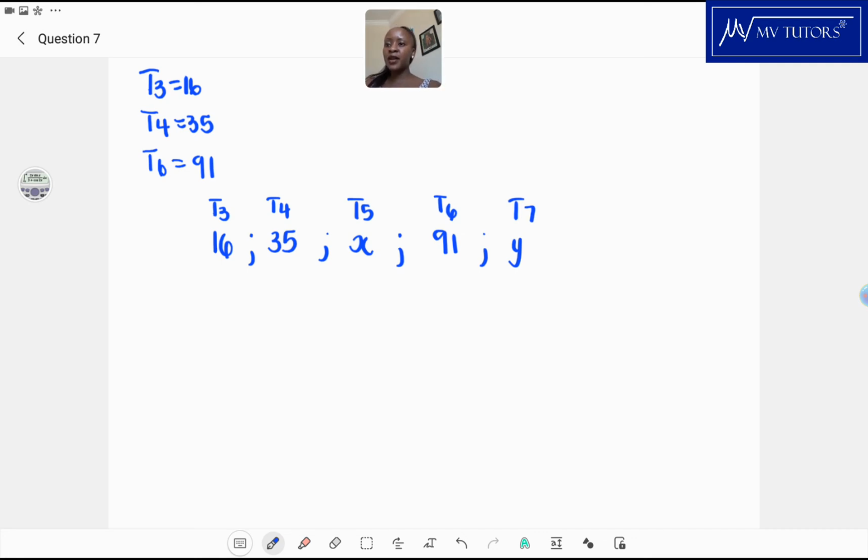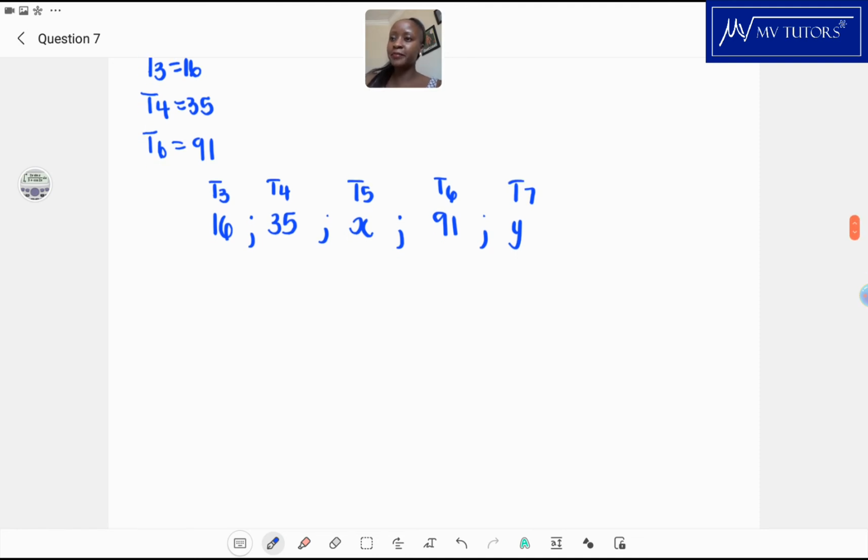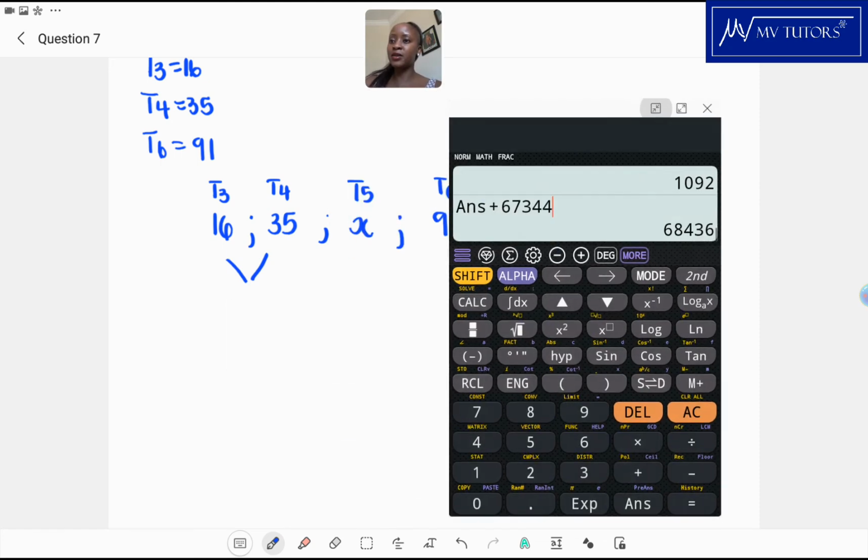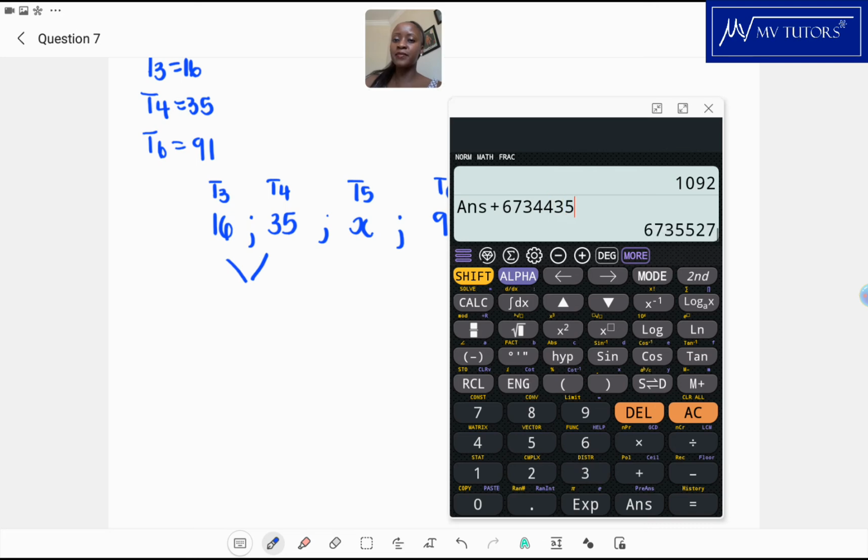Okay, so if I go and do my first difference, I get here that T4 is 35 minus 16. What is that? 35 minus 16, that's 19.